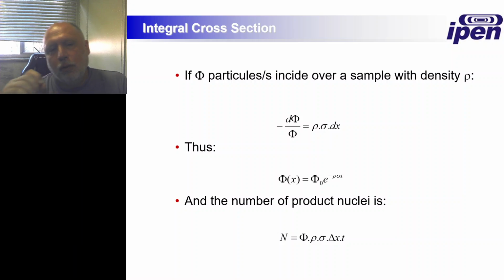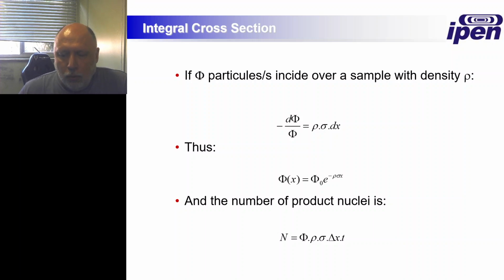As I told you before, think of these d's as very, very small deltas. Remember delta x, delta t is the speed and all that, right? Then we make these deltas smaller and smaller and smaller, and we get to these d's here. This is what we call a differential equation. It's saying that the amount of particles from the flux that will be absorbed is proportional to the density of the target, which makes sense, right?